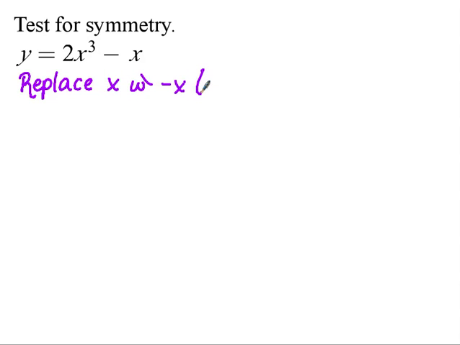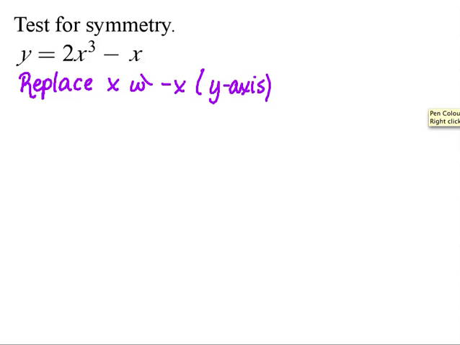Now, this is testing for what symmetry? Y-axis. It's actually the opposite. Okay, so that's what we're testing for. When I replace x with negative x, that's testing for y-axis symmetry.